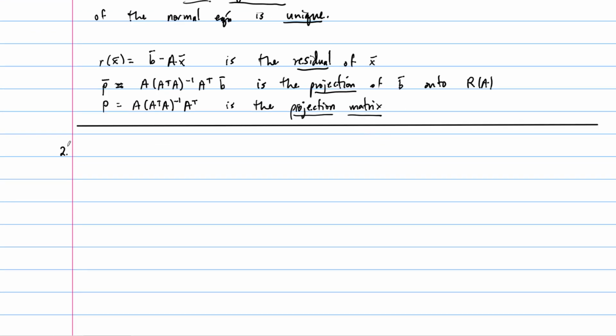We'll start with an example with just a system of equations, three equations with two unknowns. We want to find the least squares solution to this system.